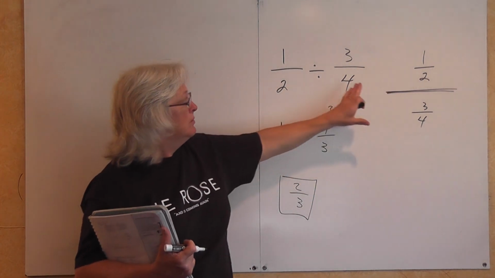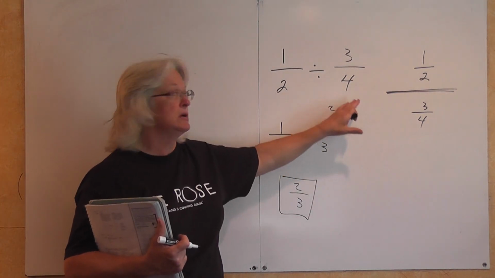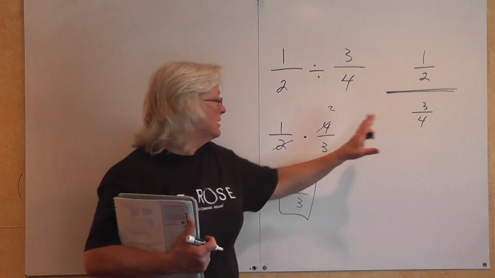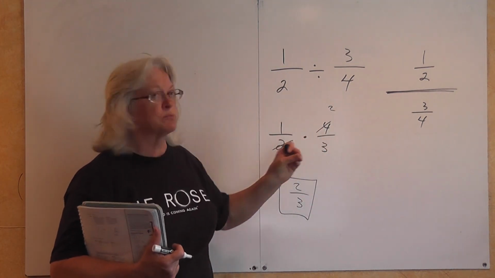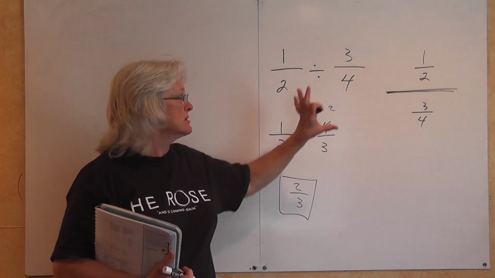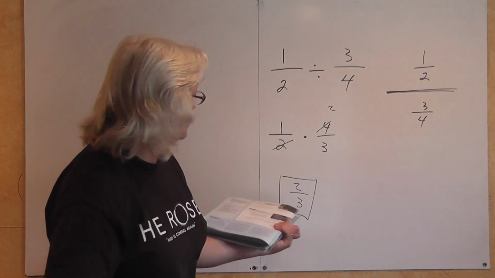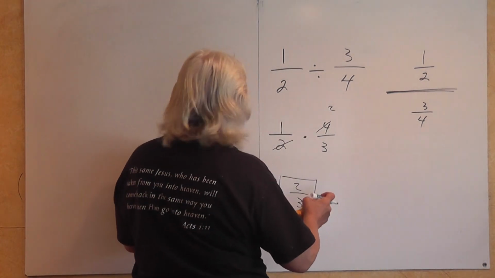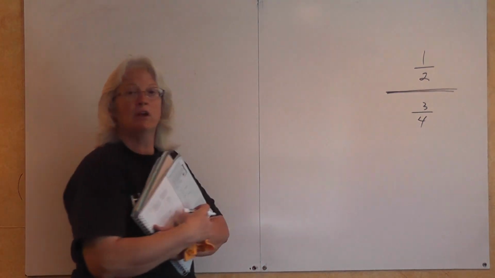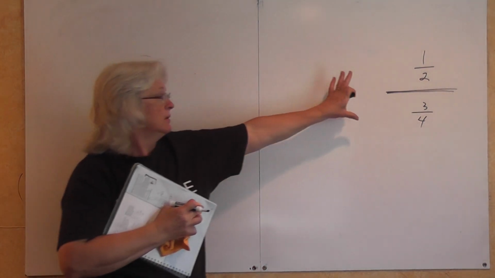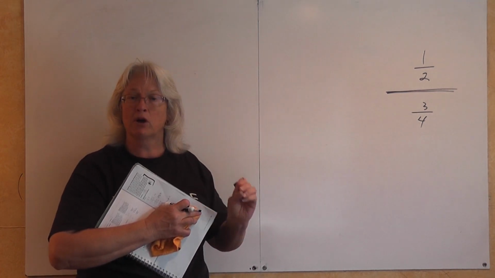But you do know that when you divide by a fraction, you multiply by the reciprocal. This is a similar process that we're going to use when we work with complex rational expressions. So what we have over on this side of the board here is called a complex fraction.